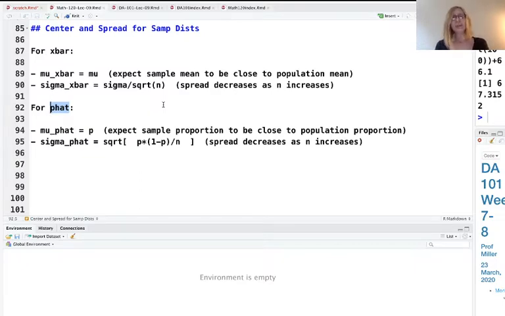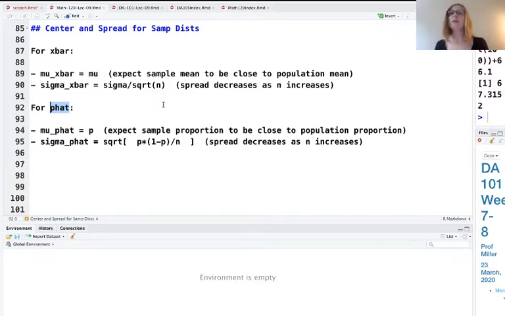And last time, we did examples for x bar. And that makes sense when you're talking about quantitative data, anything that's a number. Today we're going to do the same thing, but for p hat. P hat, in other words, the sample proportion, is what we use to summarize categorical variables.